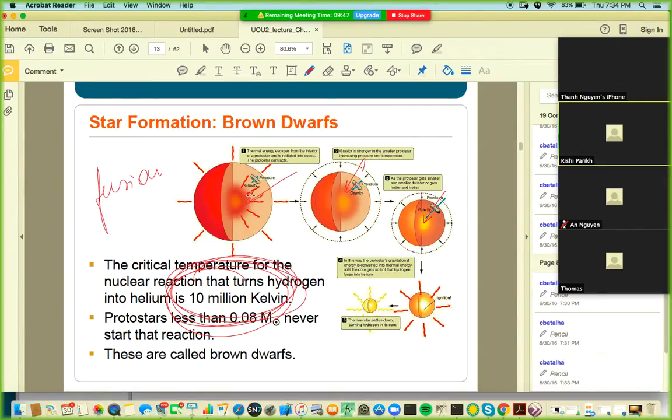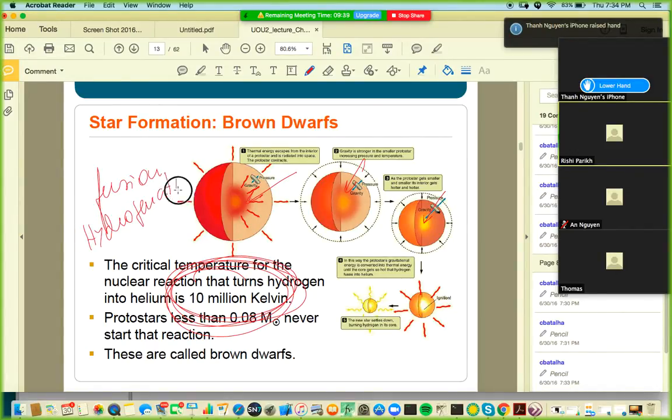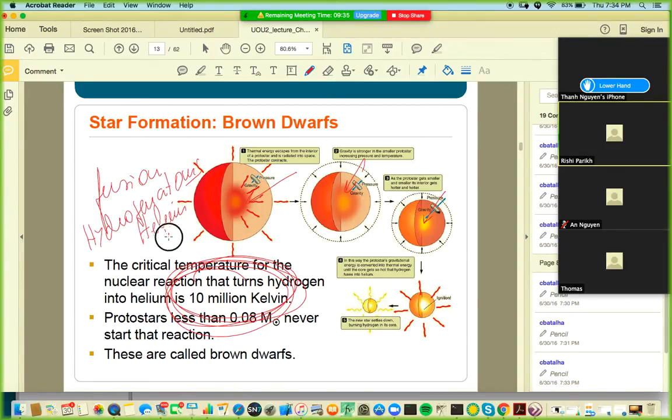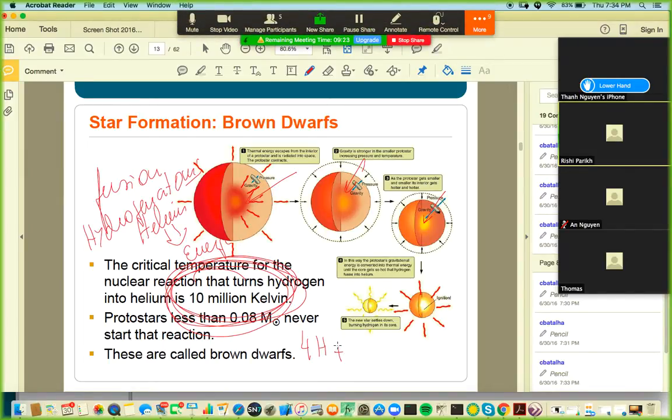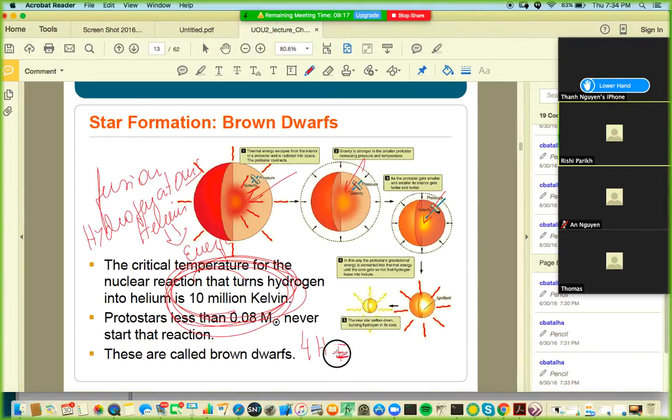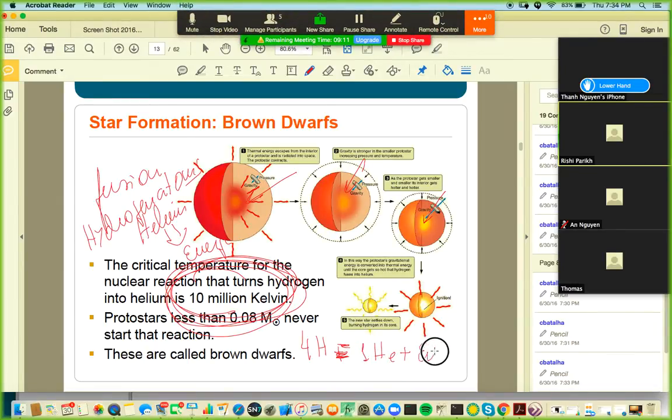These fusion reactions convert hydrogen atoms into helium atoms and energy. Basically, in the case of the sun, 4 atoms of hydrogen fuse in the very core because of this high temperature and pressure, producing 1 atom of helium plus energy.